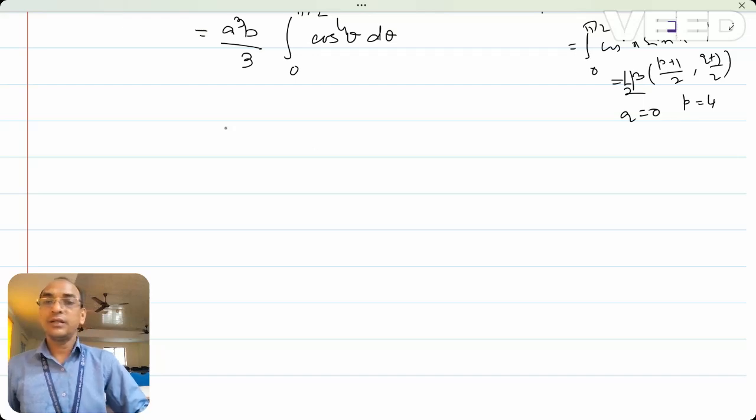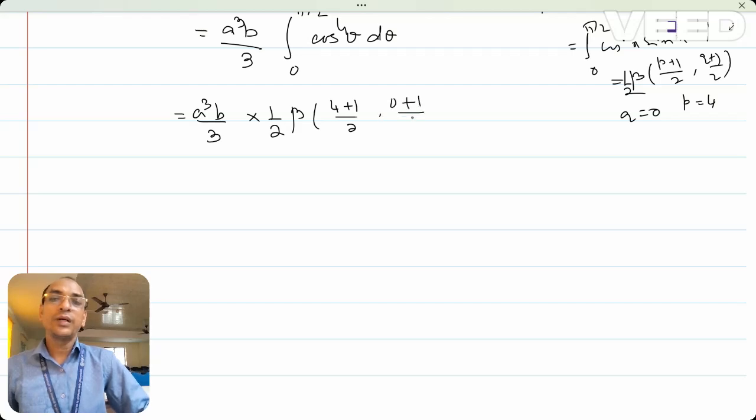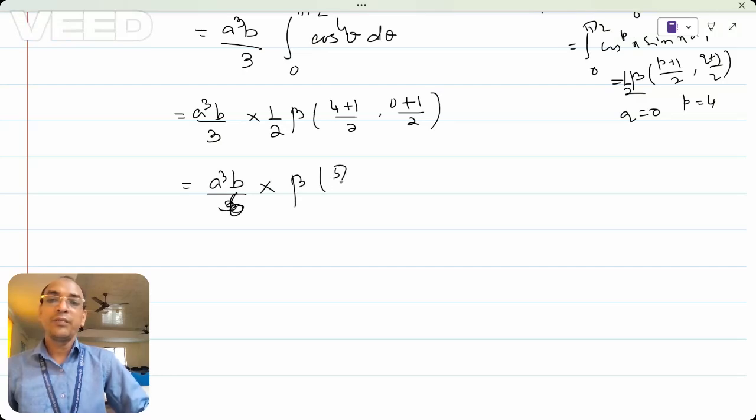So what we will get here is equal to a cube b by 3 into 1 by 2 beta of 4 plus 1 by 2, 0 plus 1 by 2, and that is equal to a cube b by 6 into beta of 5 by 2, 1 by 2.